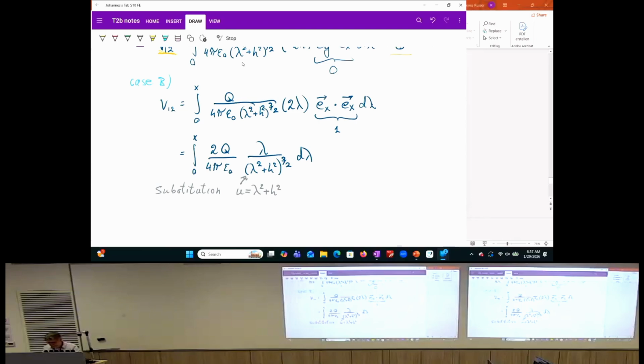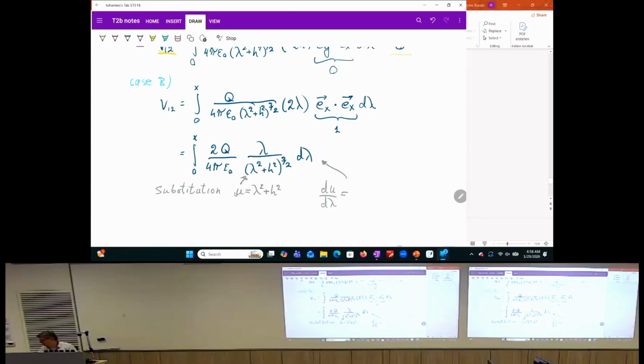If we do that, then we also have to accommodate our line element d lambda. To find what we have to do, we take the derivative of this substitution term u with respect to lambda.